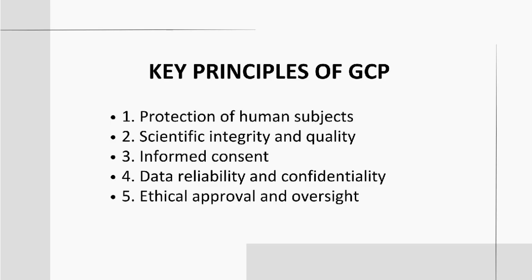Informed consent: participants must fully understand the study before voluntarily agreeing to participate. Data reliability and confidentiality: all collected data must be accurate and securely stored. Ethical approval and oversight: research must be reviewed by independent ethics committees or institutional review boards, IRBs. Let's take a closer look at one of these principles, informed consent.